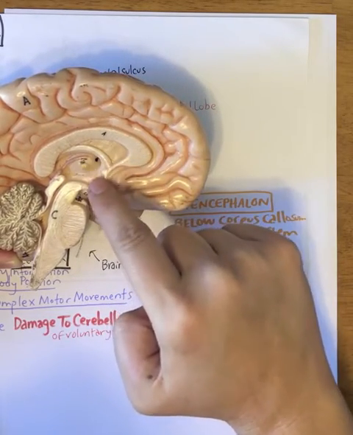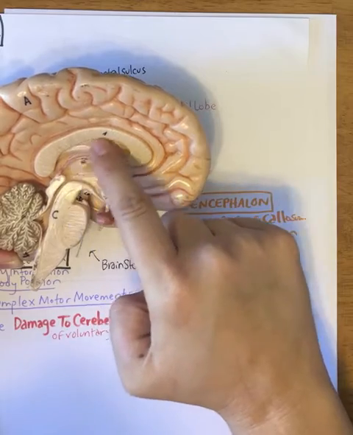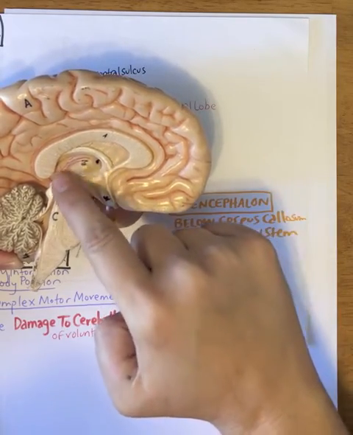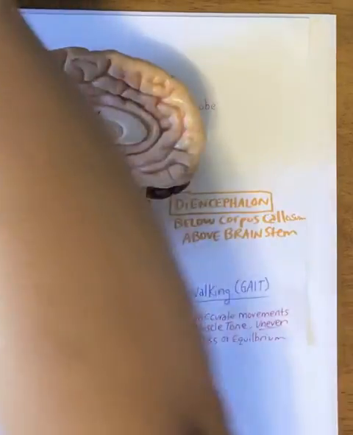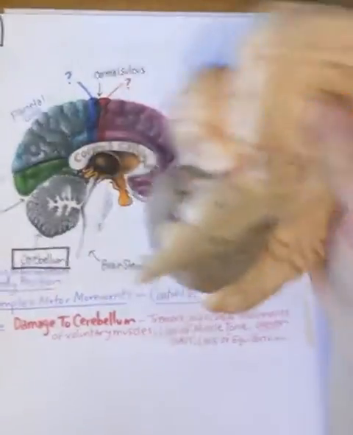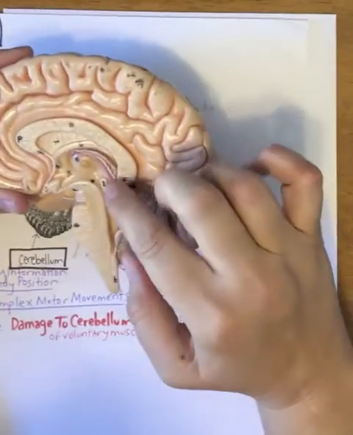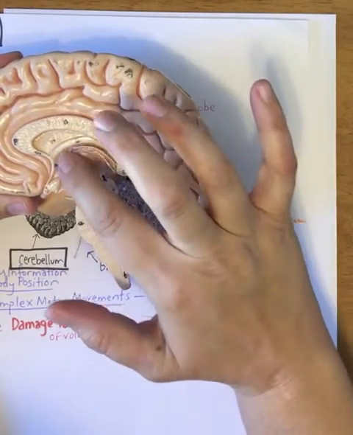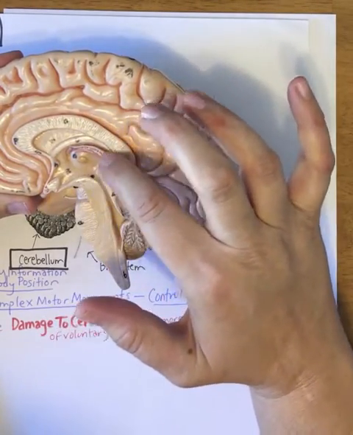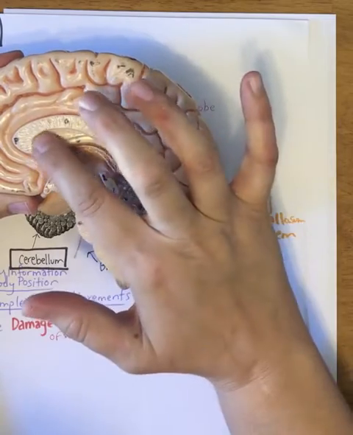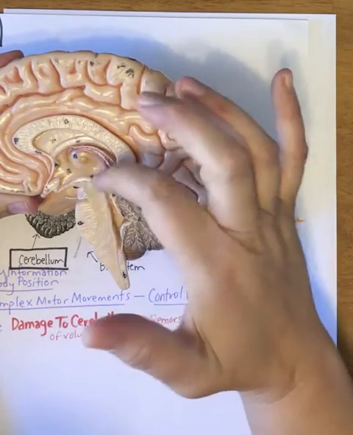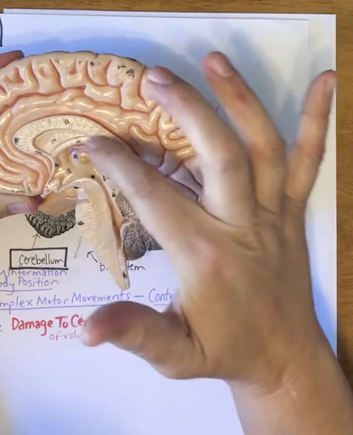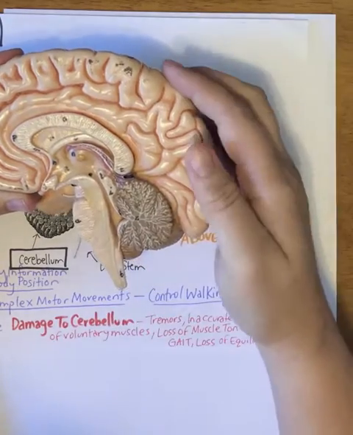So all of these are part of the diencephalon. If I took a right brain model, you would also see the same exact things. The cerebellum is always to the back, so all of this is the diencephalon. Anything below the corpus callosum, but above the brainstem, this is the diencephalon.